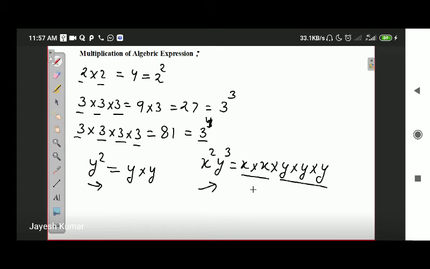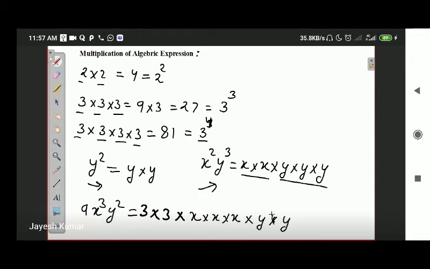Suppose I had a polynomial 9x cube y square. I would have been writing it as 3 into 3 into x into x into x into y into y. I factorize it, and this is how I factorize it.